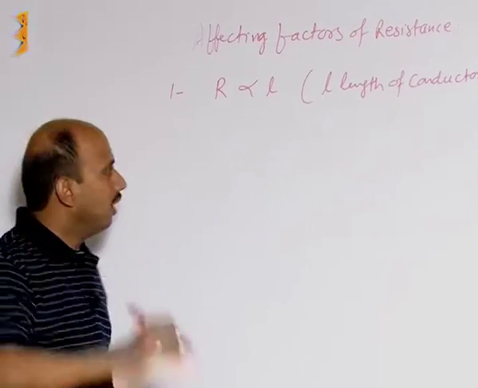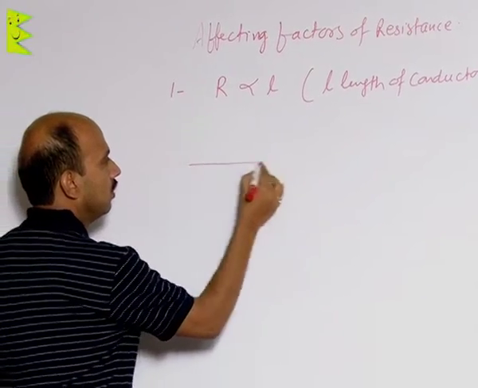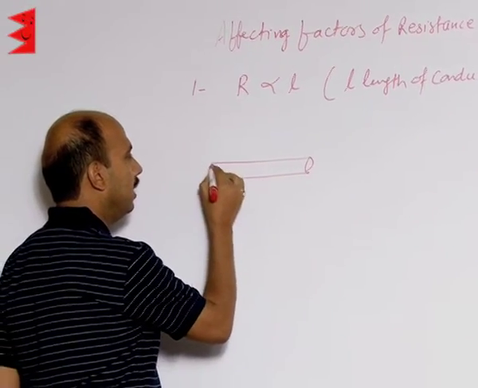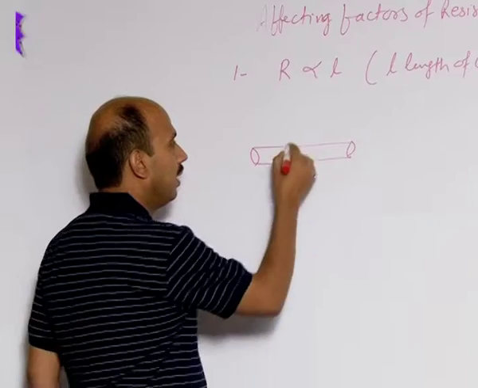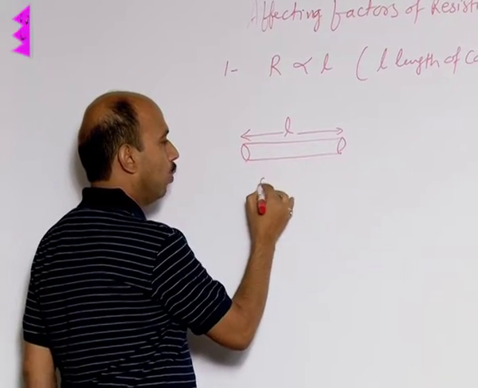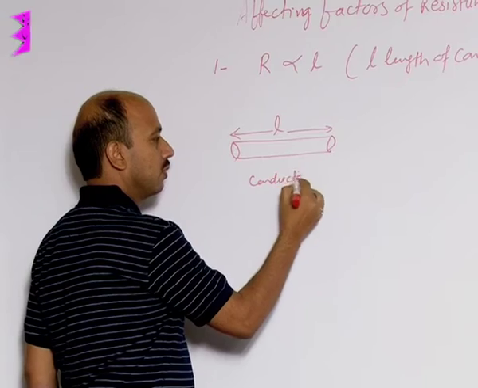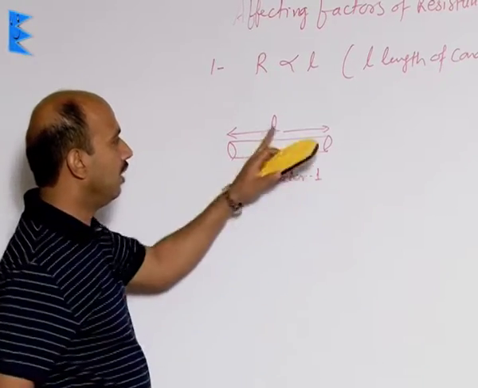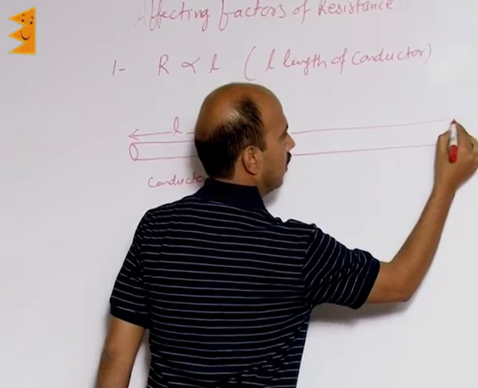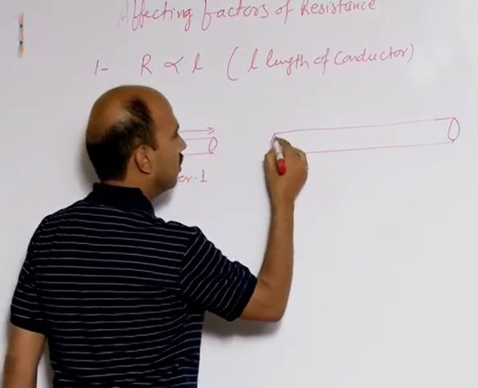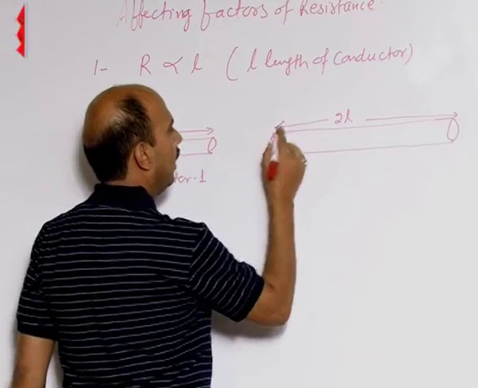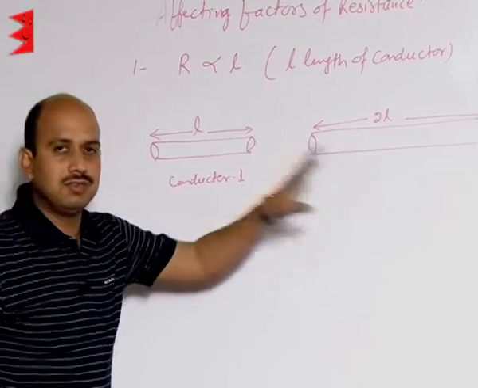Now, see, if you take two conductors of the same material and same area of cross section, and the length is different. Suppose this is conductor 1 having length L, there is another conductor which has length 2L, and area of cross section and material remain the same.